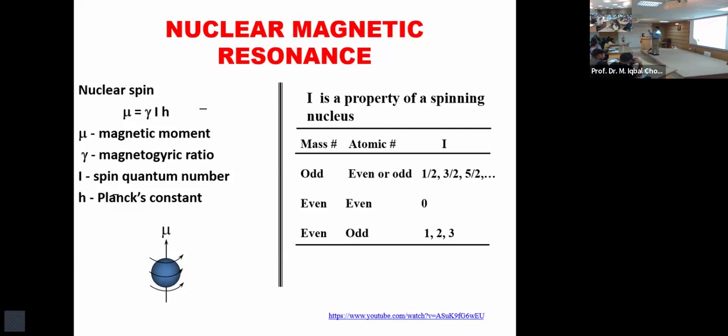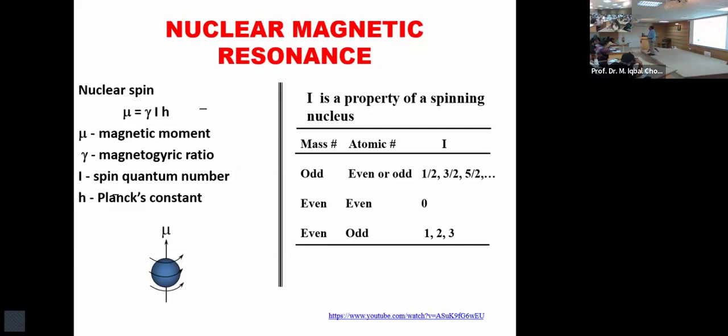That is the fundamental property on which NMR spectroscopy is based. If any nucleus is not spinning, it can never be detected by NMR spectroscopy. And unpaired nucleons are the fundamental requirement for a spin.